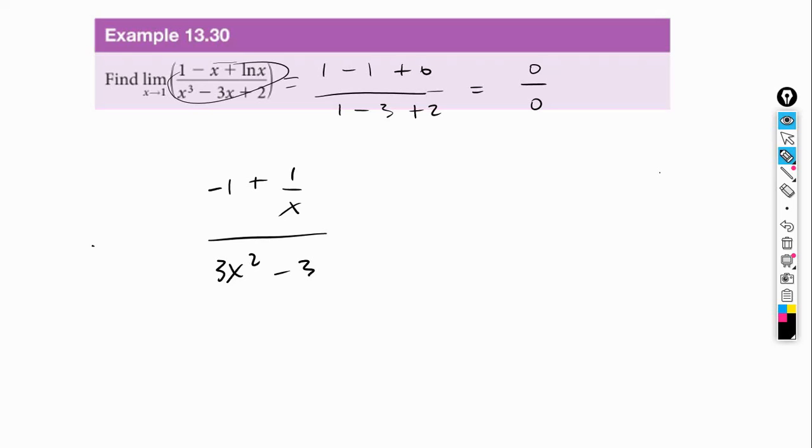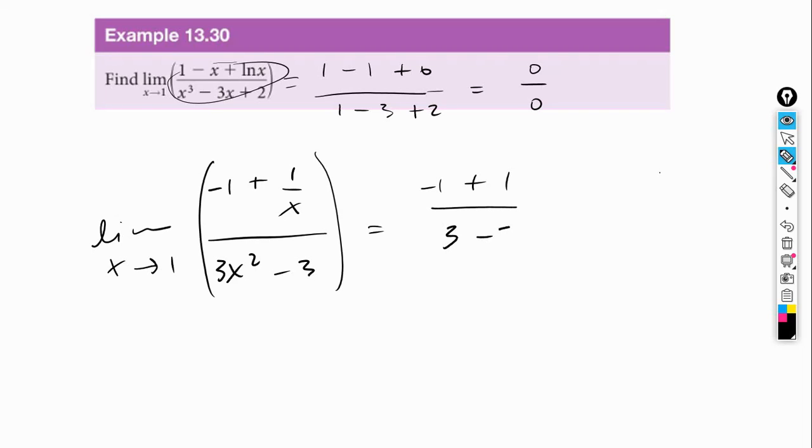And then we can just do the same limit. So limit as x approaches 1. So that's just substituting x with 1. And don't forget the proper notation with the parentheses. And then we're going to get minus 1 plus 1 over 1, which is 1, over 3 minus 3.